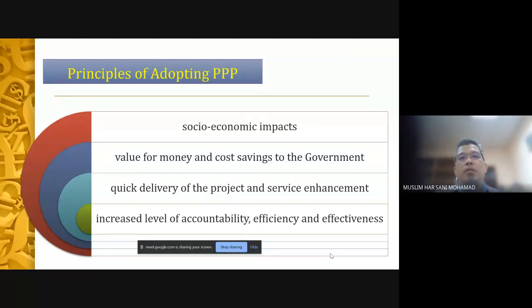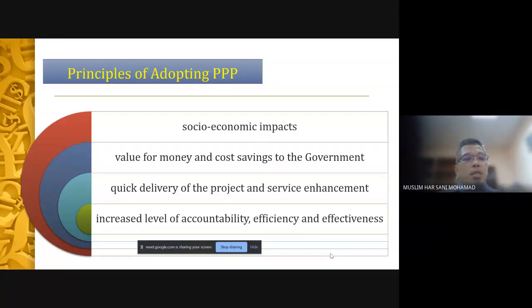Principles of adopting PPP, socio-economic impacts. So government can increase the investment in public service facilities, and not only that, because normally the Malaysian government, or in general, wants to prepare the country forward for new opportunities.